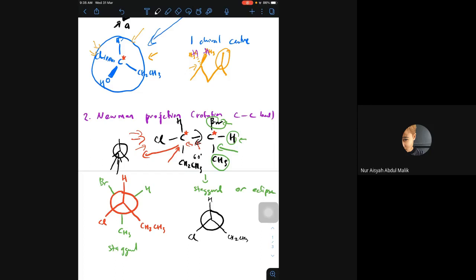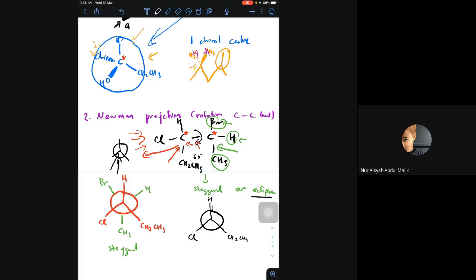Then, when you want to draw the atoms attached to the back carbon, now it is eclipsed. Eclipsed means overlapping, but if you truly overlap it, you cannot see it. So to draw it, you draw the line slightly shorter, to show it is at the back.